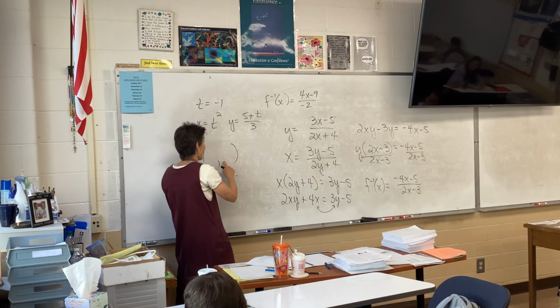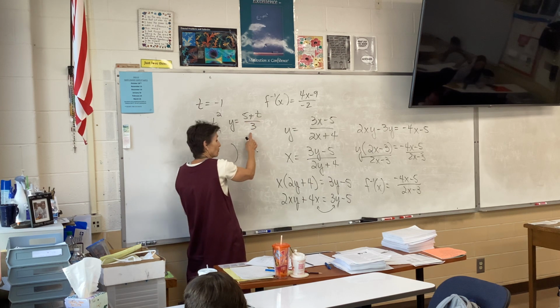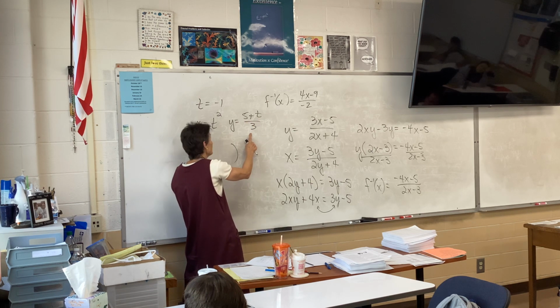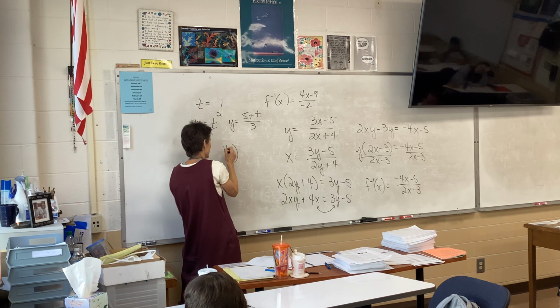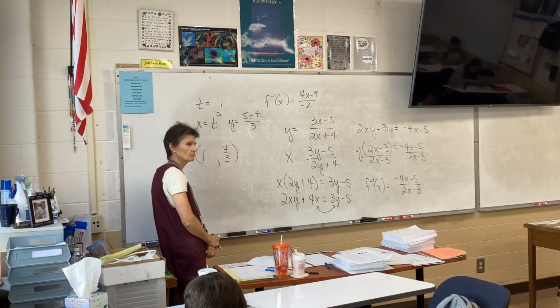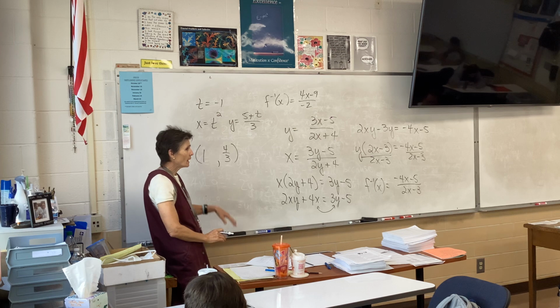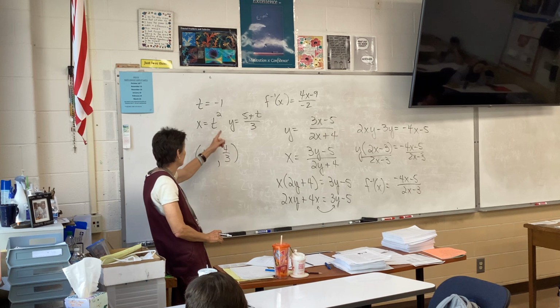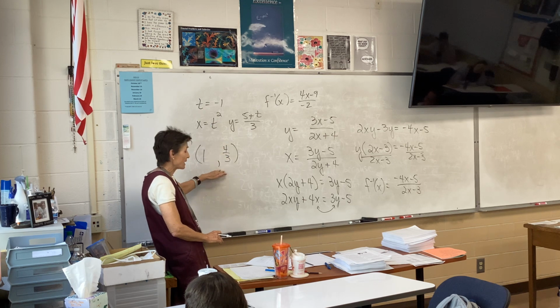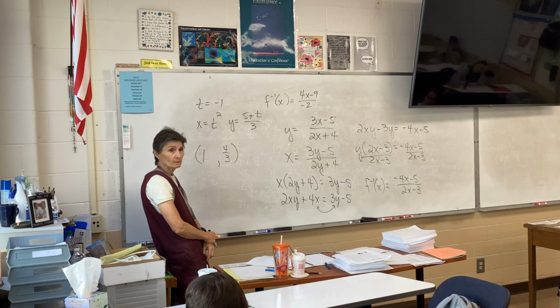Y is (5 plus t) over 3, but again, t is negative 1, so y is going to be (5 plus negative 1) over 3, which is 4/3. Done. It's a plug and chug. You don't have to memorize anything, you don't have to know anything, you just plug it in. And that gives you your point.